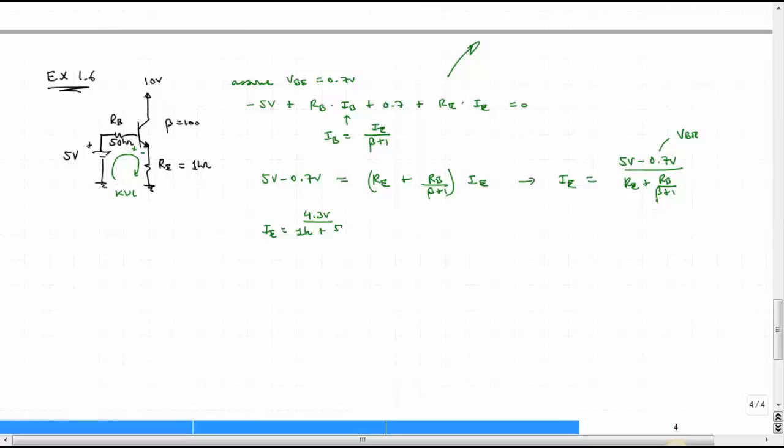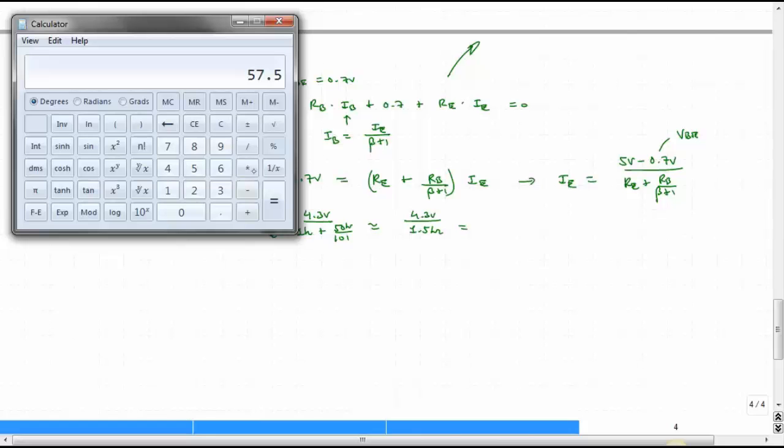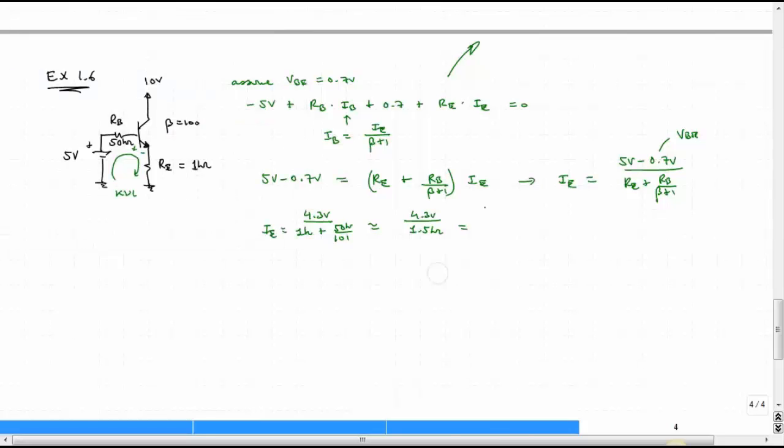So 50K over 101, and I'm going to approximate this because I'm lazy. So it's 1K plus approximately a half a K. So this is approximately 1.5K, and that would lead to 2.87 milliamps in the emitter.